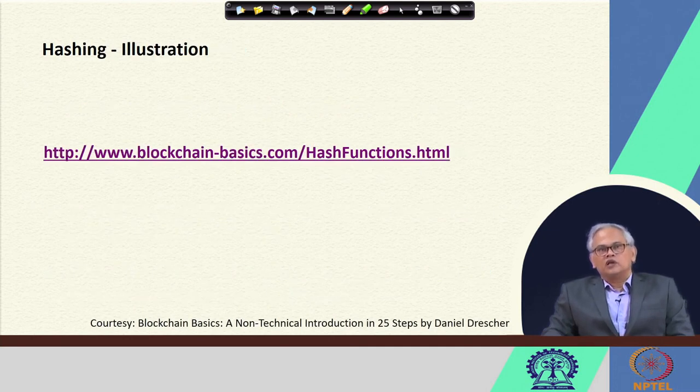Having said that, let us take an example where we can actually generate hashes for certain types of messages. We can go to a particular site, and there are many such sites available online. This particular site is the supplementary information available for the book Blockchain Basics, a non-technical introduction in 25 steps by Daniel Drescher.